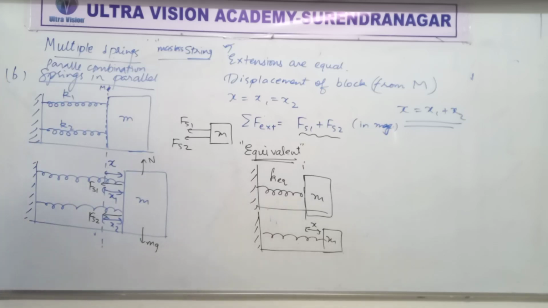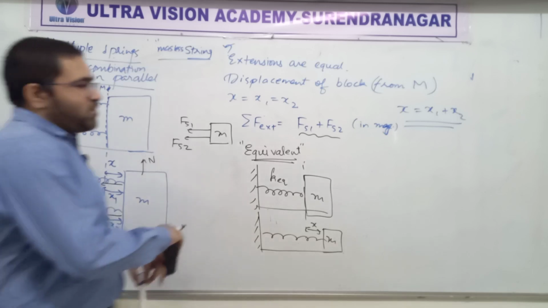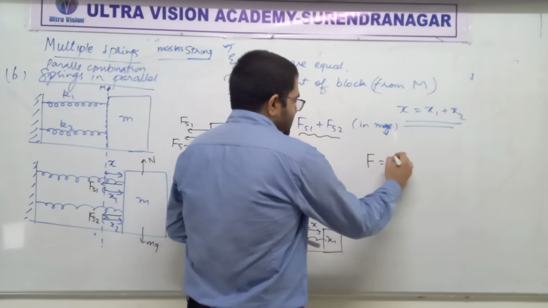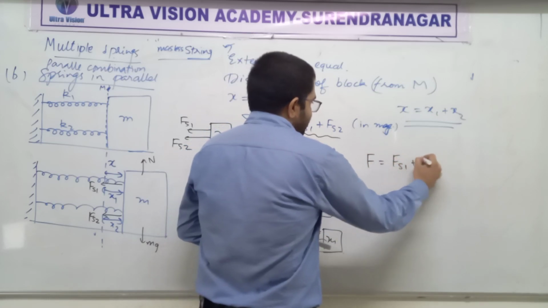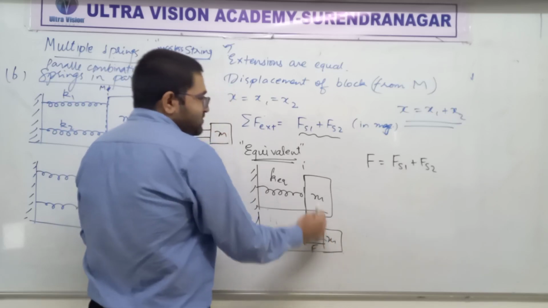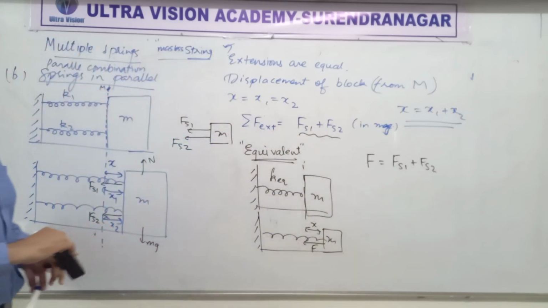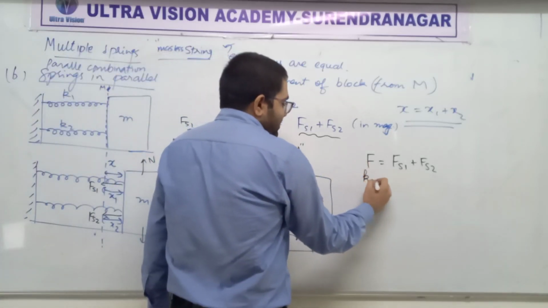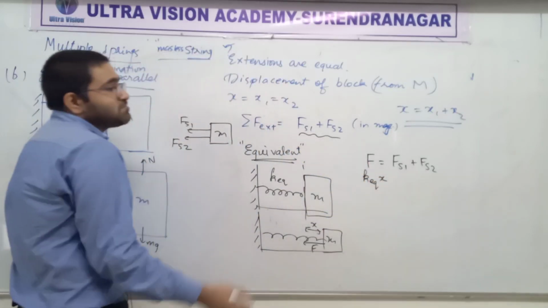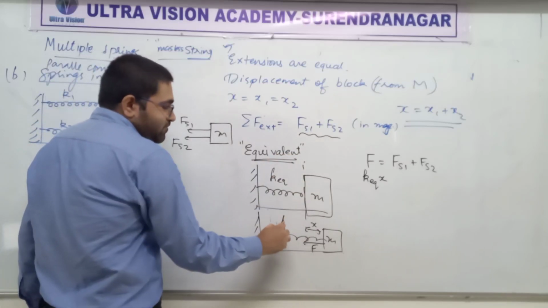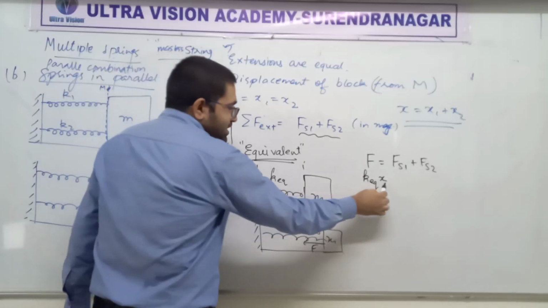Right? So now, if I say that for the equivalent case, we have F equal to Fs1 plus Fs2. That is, here if the force acting is F, then this force should be the same as Fs1 plus Fs2. So for F, let me write K equivalent into x, using the spring force formula.